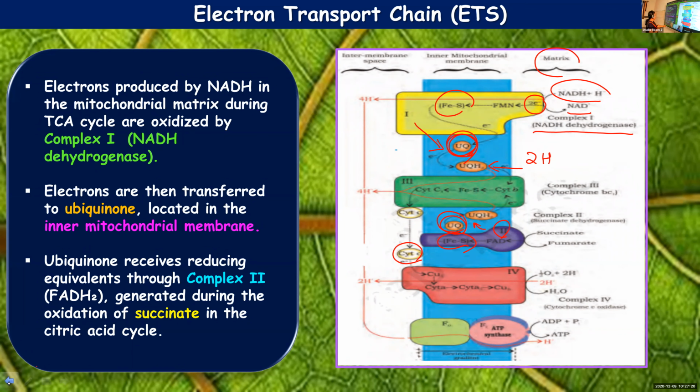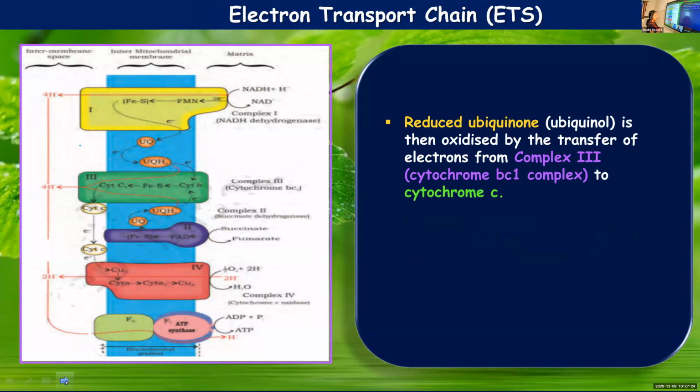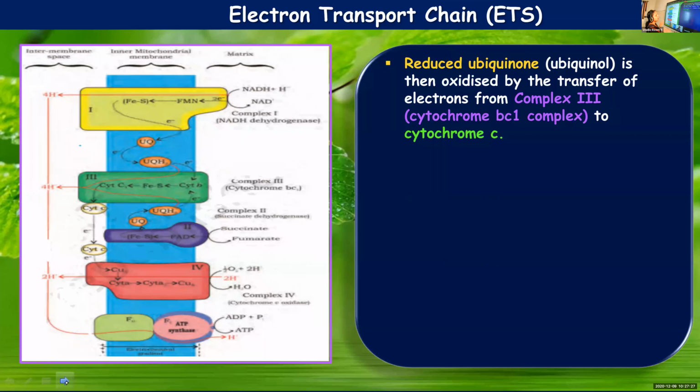Now ubiquinol is in the reduced state because it has accepted protons. But it will get oxidized again. How? If it has to get oxidized, it should donate its electrons.